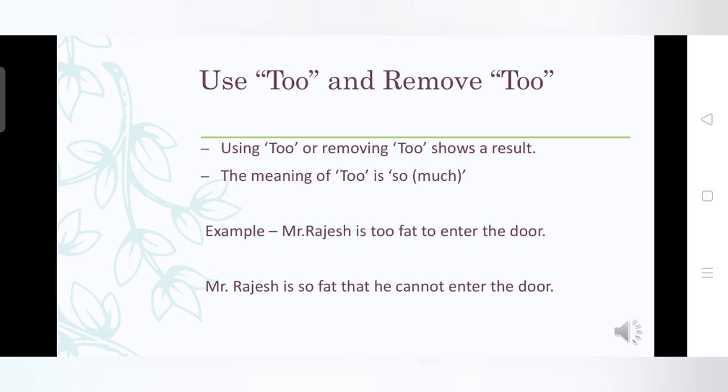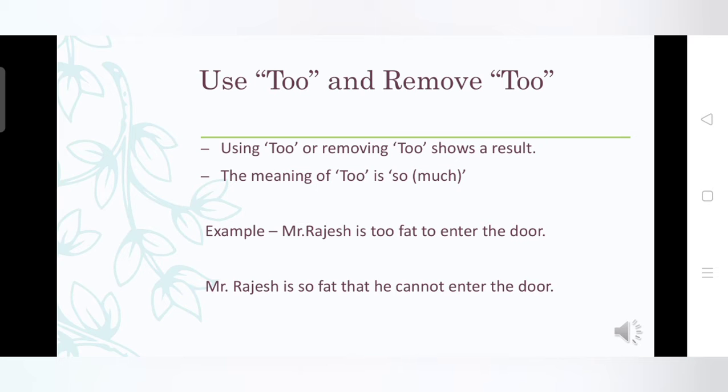By using to, we can show the result of an action. The meaning of the word to is so much. So when we want to add the sense of result, when we want to add the sense of too much, so much, at that time we can use this function.